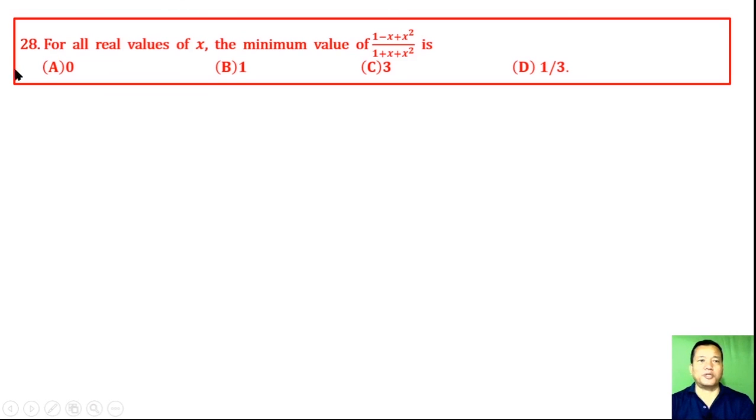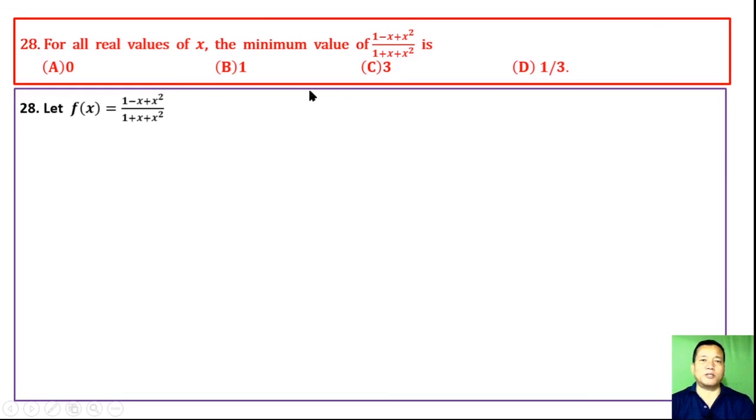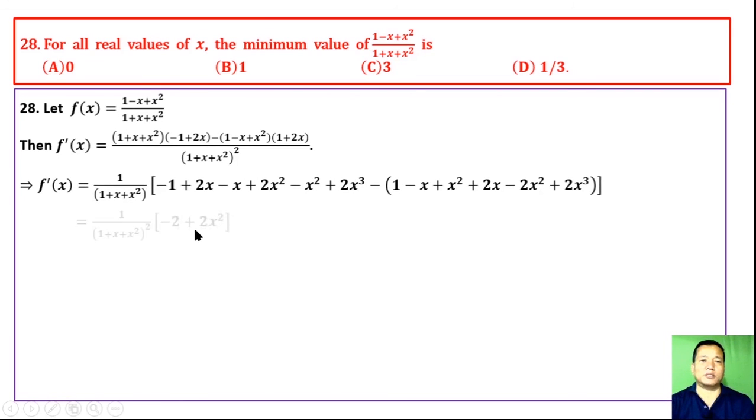For question number 28, for all real values of x, the minimum value of this rational expression is. Let f of x denote the given function, and its first order derivative, applying the quotient rule, we get this. Simplifying, lastly we get this.